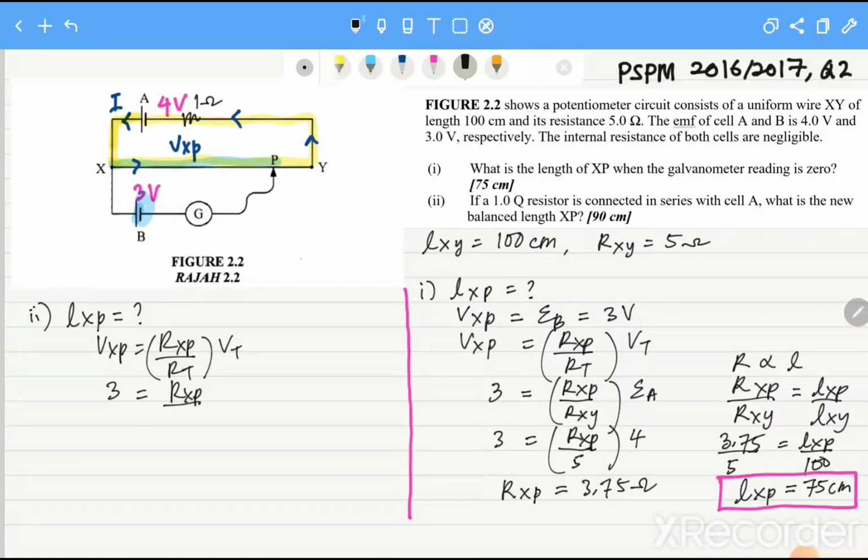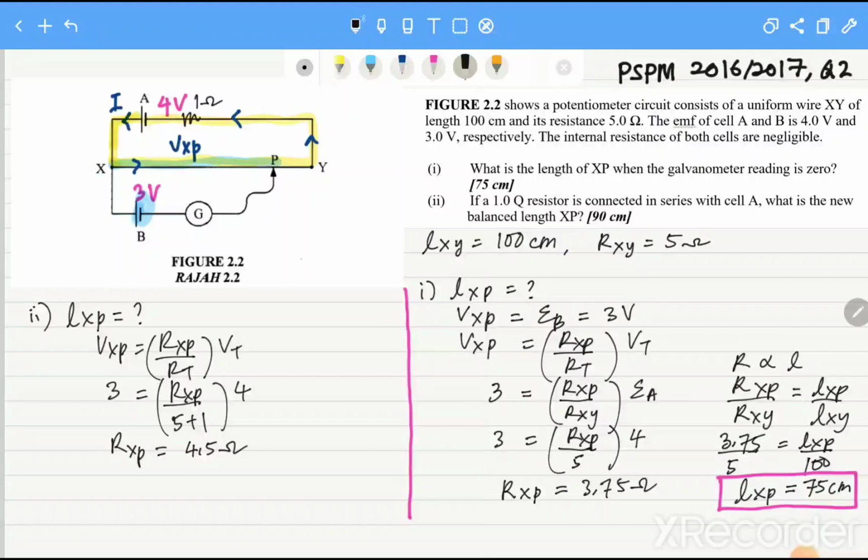R total has now changed. R total is now RXY plus 1 ohm. RXY is 5 ohm plus 1. So this is the R total, times V total which is 4 volt. So we get the new RXP. The new RXP is 4.5 ohm.